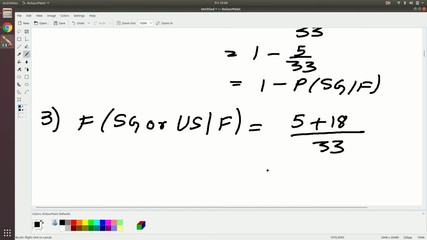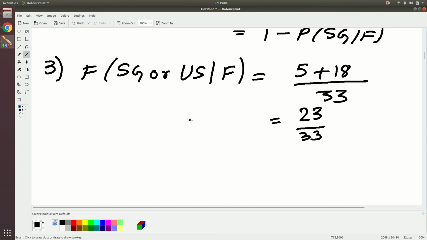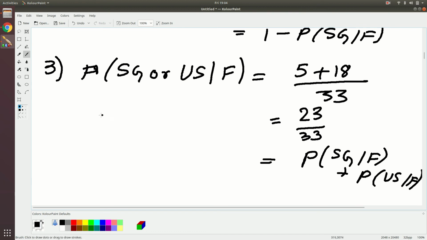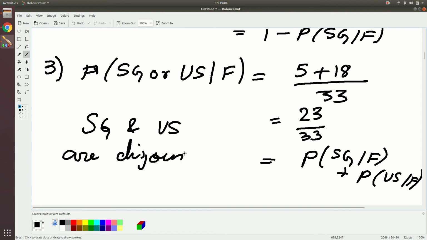So this number is going to be 23 over 33, which is also equal to P of SG given F plus P of US given F. Since the set of all Singaporeans and the set of all US citizens are disjoint, you cannot be a citizen of Singapore and US. I mean, it's sometimes true, but let's say you don't have such students, then this third law of conditional probability holds.